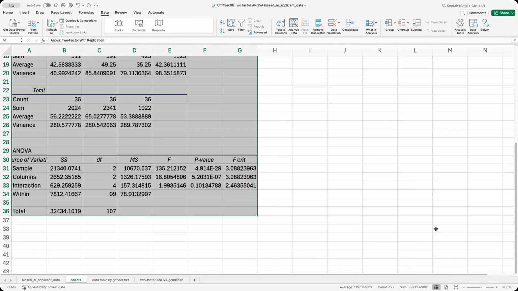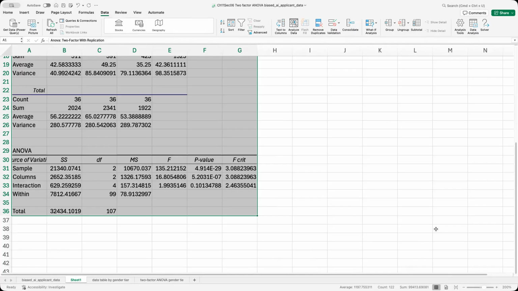Rows. Rows is sample up here. Yes or no? Oh, yeah. My F value is 135. My critical value is 3. My p-value is 4.9 times 10 to the negative 29th. There are 28 zeros in front of that. That is way smaller than 0.05.